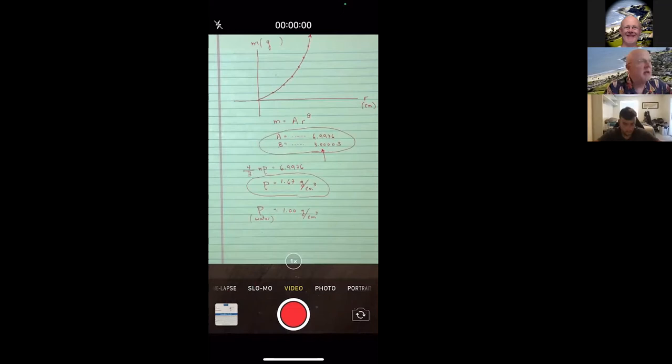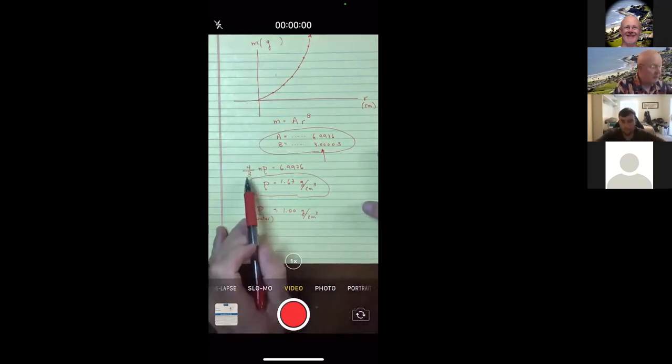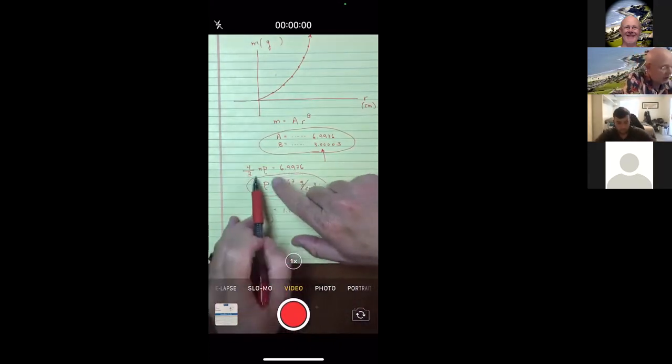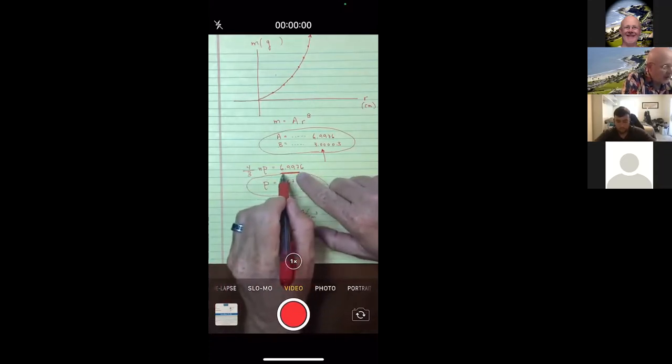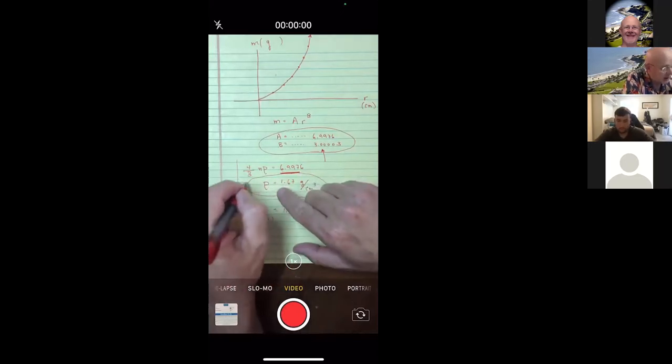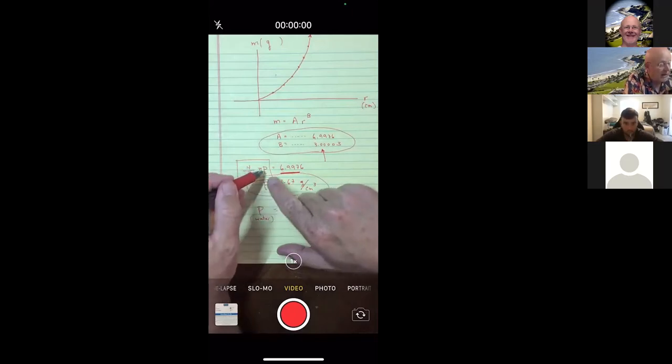Good. How about you, Elizabeth? Did I cover your question? There's a question in the questions on the lab: what are the units of the curve fit parameter A? So it would be grams per centimeter cubed, right? Yes. And to take that one step further, you can see it here. This parameter would have the same units as this theoretical side. So no units, and then units of density.